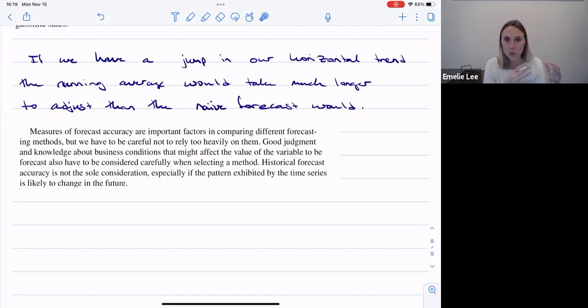So even if historically the running average forecast is doing a lot better, if you have some background knowledge and you expect there to be a jump, then maybe you should switch to a naive forecast, right? That kind of thing.